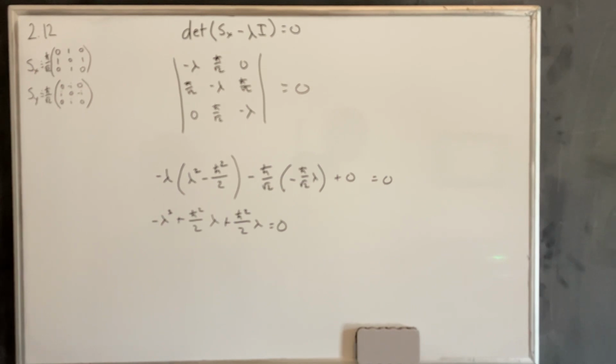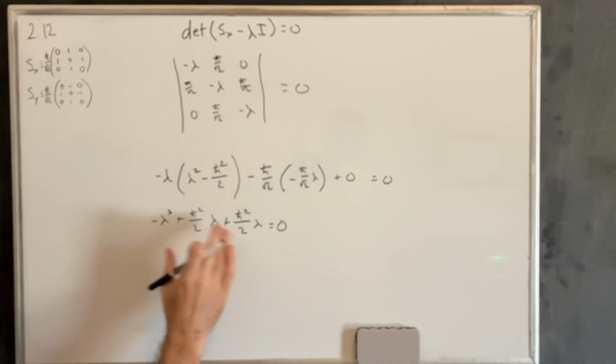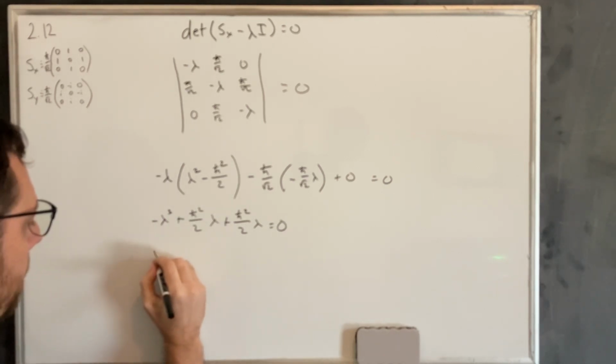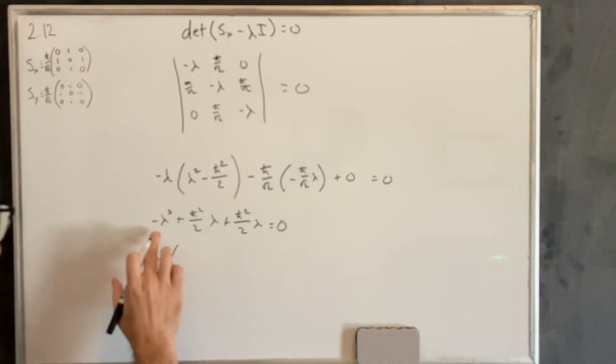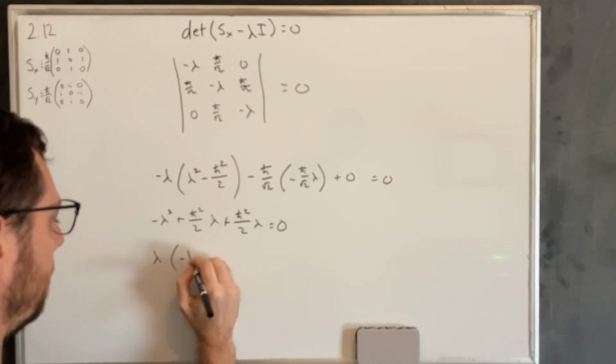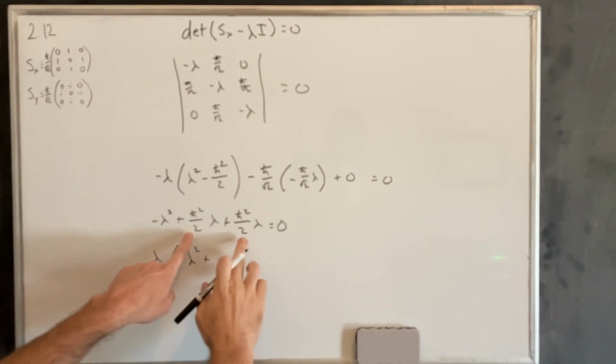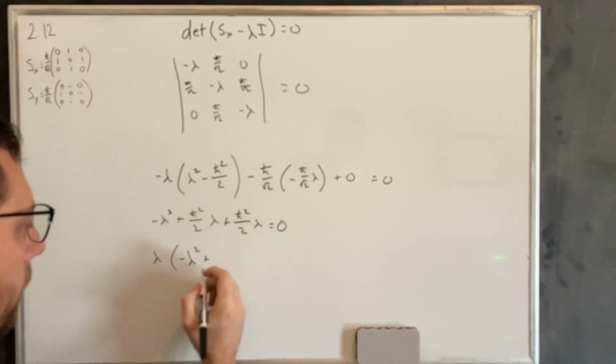All right, so now we can combine like terms. We can also pull out a lambda. So I'll pull out a lambda, and we'll be left with a negative lambda squared plus, this is going to be 2 of these h bar squared over 2's.